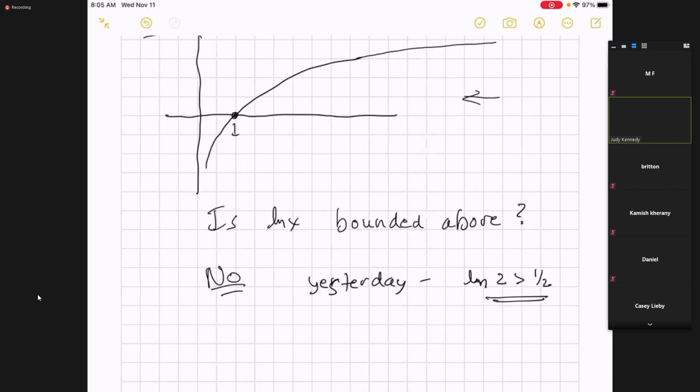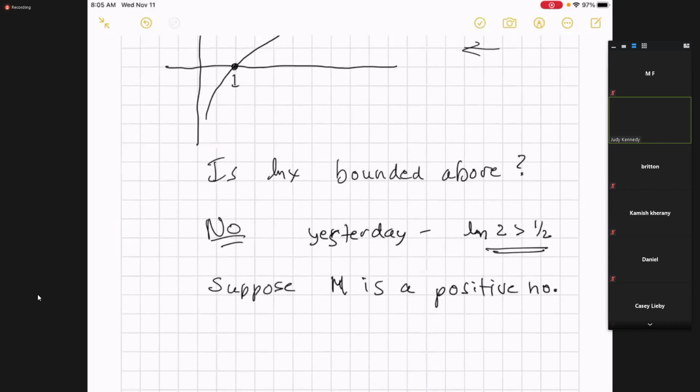Okay. So suppose I pick any positive number, and I'm thinking big positive number. Well, then ln of 2 times m, so I may as well assume m is greater than 2. Oh dear, I need to show you.